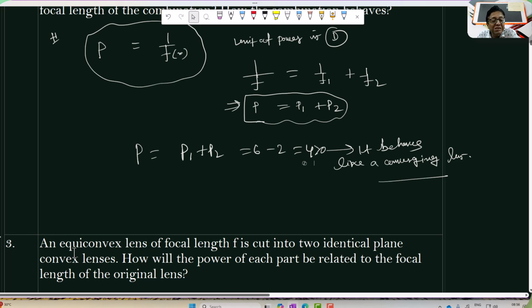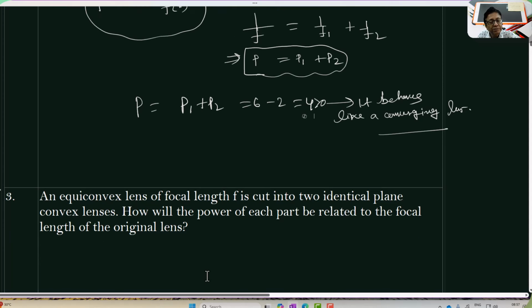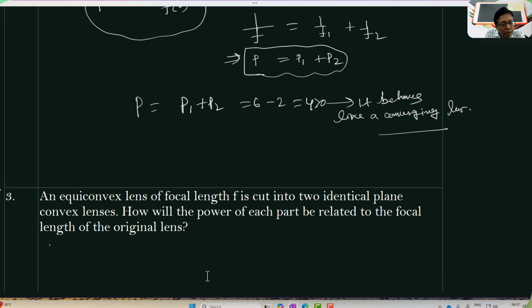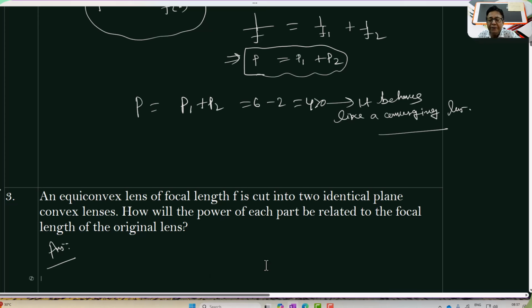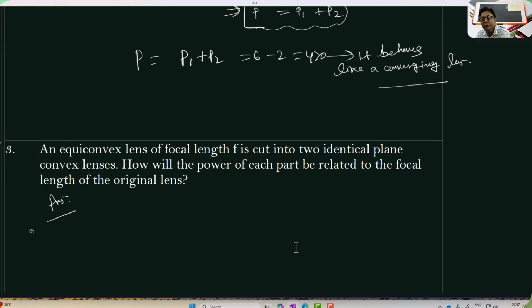Now let us go for this one. An equiconvex lens of focal length f is cut into two identical plano-convex lenses. How will the power of each part be related to the focal length of the original lens? Not a difficult one. All of you can answer. It is equiconvex.